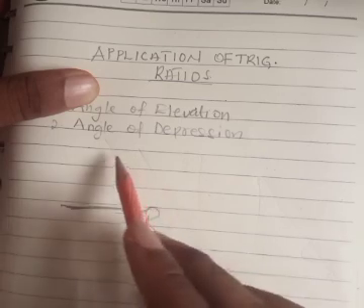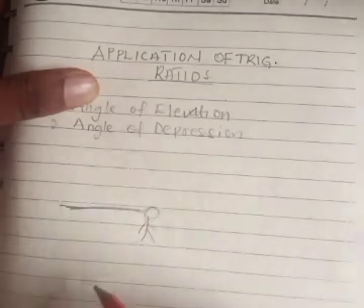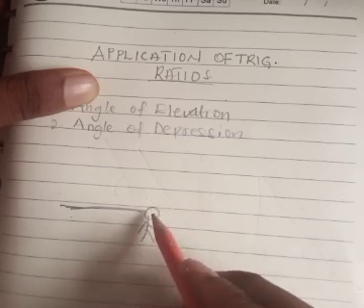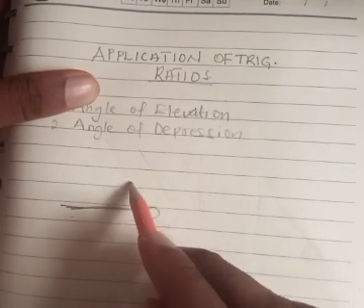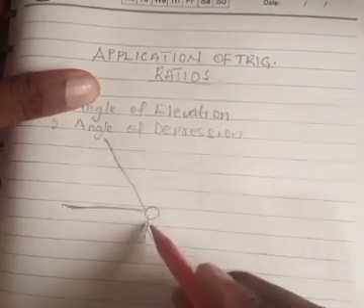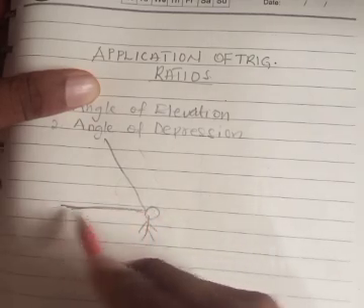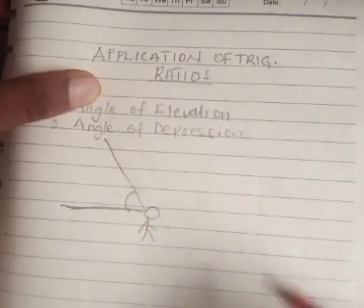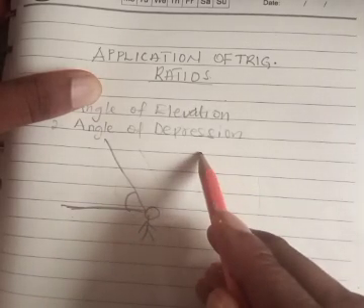Then let's assume that you reach under a tree and something falls. As a human being, you would like to see what that is, so you actually look up. So when you look up, the angle that is formed between your normal looking forward and looking up is what we refer to as angle of elevation.